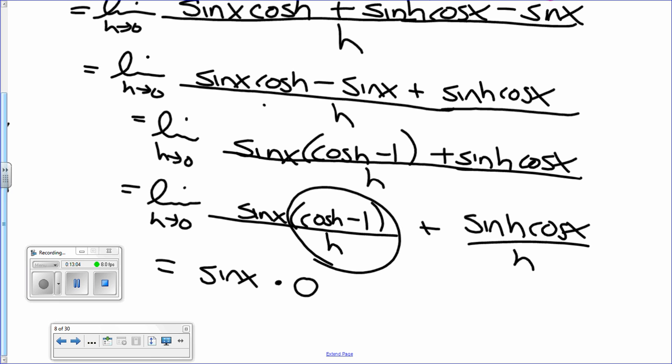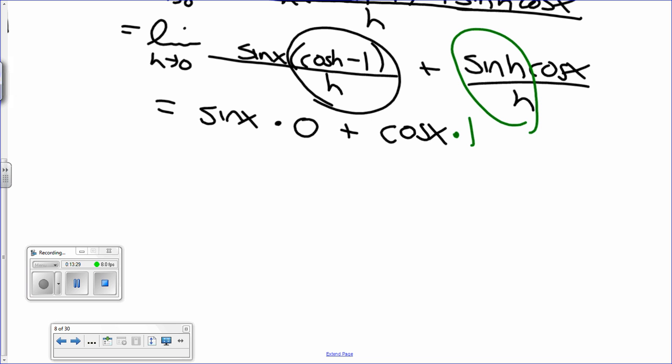So times 0. Plus, the cosine x is not going to be affected. What would the limit of the sine of h over h be as h approaches 0? 1. So this gives us a big conclusion that the derivative of sine x equals cosine x.